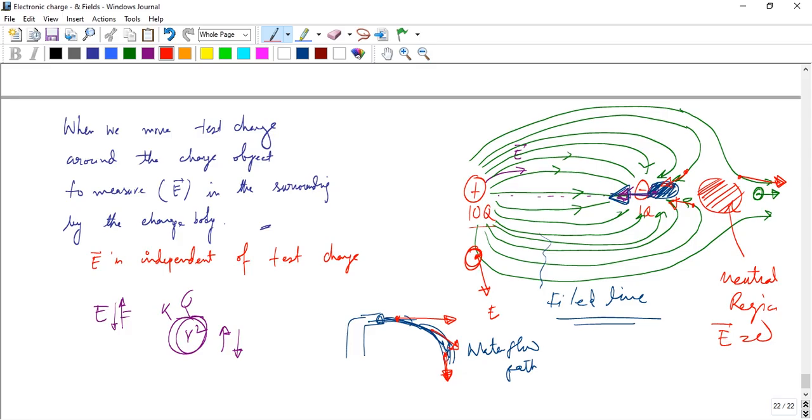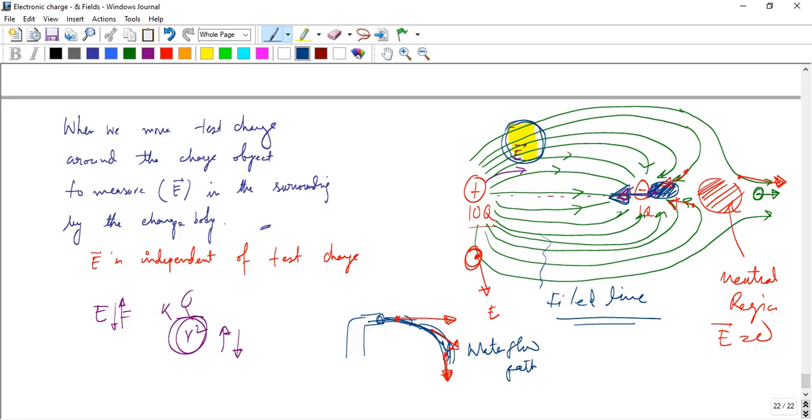Now, that is the electric field line, and the electric field lines give the electric field strength. Another important concept: if I draw some region, say this yellow color region, with this boundary, and you see that 1, 2, 3, 4, or 5 field lines cross that yellow color region.